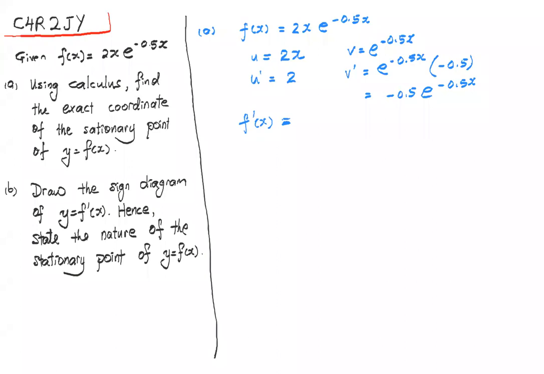The moment I see this word, I straight away know that f prime x equals 0. That is how it triggers me to find f prime x. Abigail, are you clear?